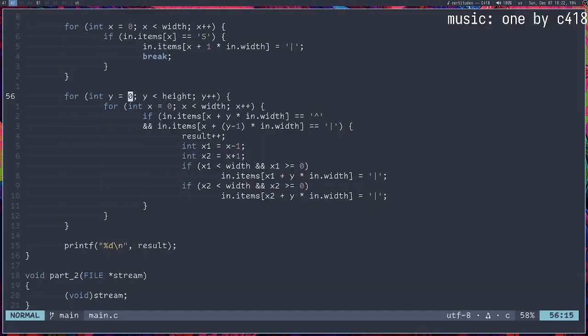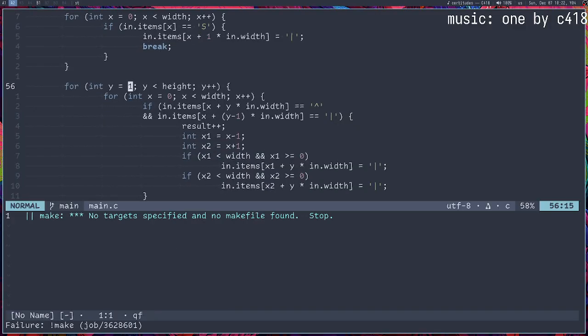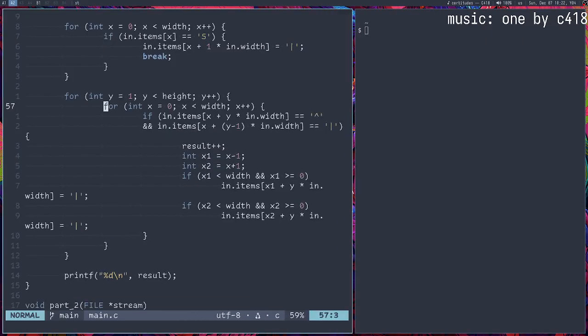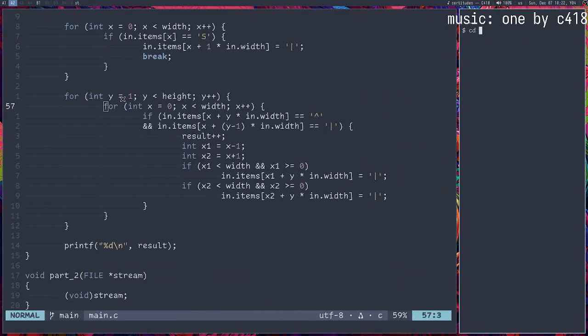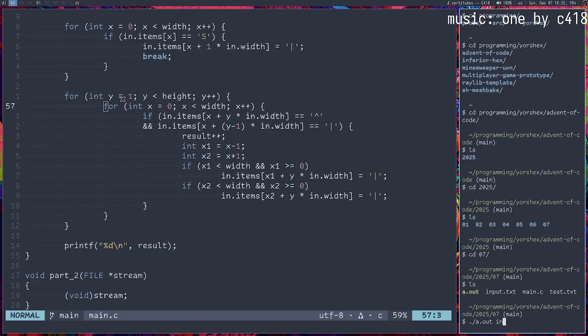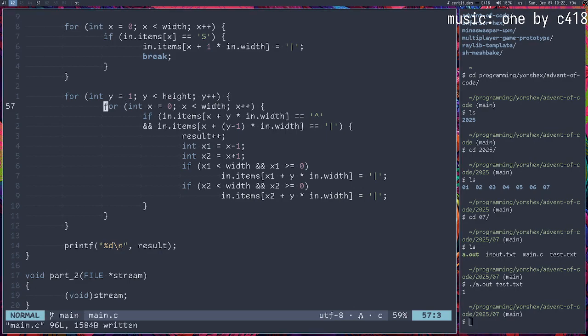Also, I want to start from the first line, no? Also, let's open a second window for that. Yeah, that's weird.